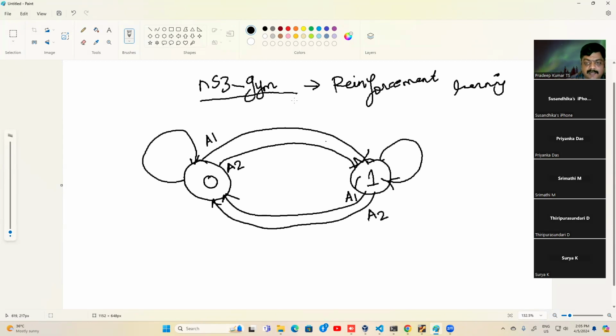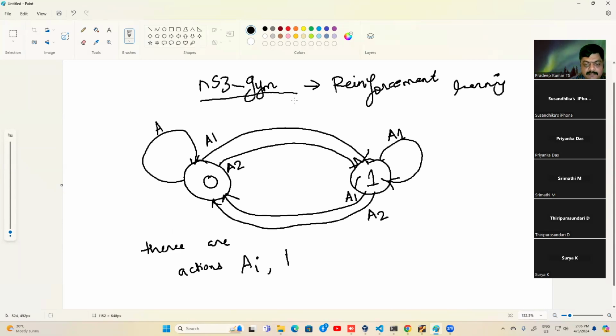Similarly, being in state 1 also, I'll have an action. So between 0 and 1, there are actions called Ai.